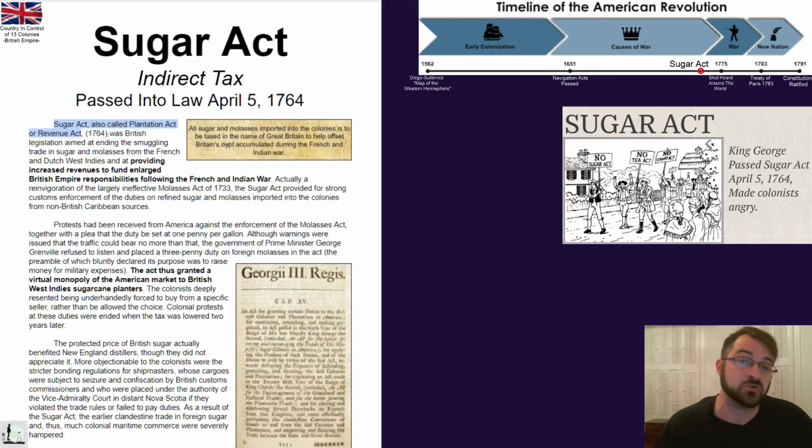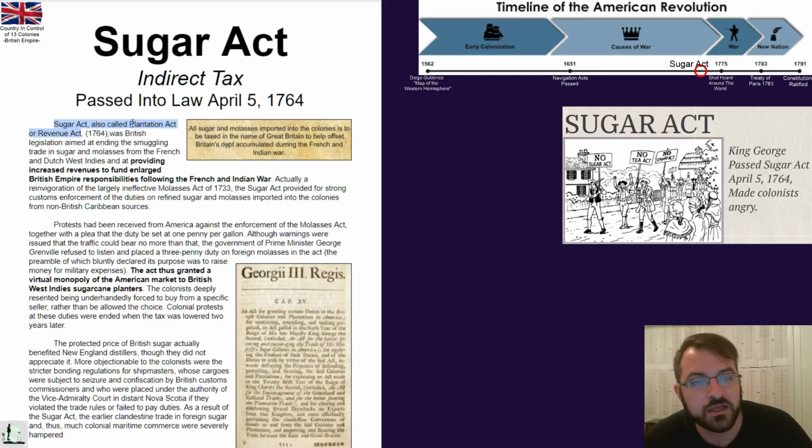So they're raising money as revenue. It was British legislation, so a British law, aimed at ending the smuggling trade in sugar and molasses from the French and Dutch West Indies, and the biggest part of it, providing increased revenues to fund enlarged British Empire responsibilities following the French and Indian War.